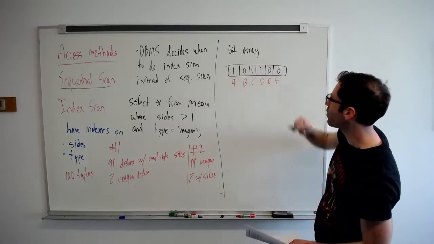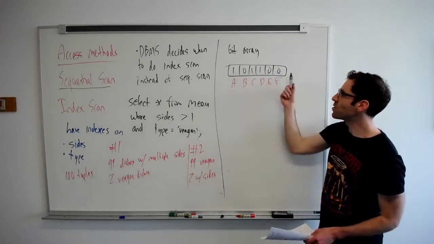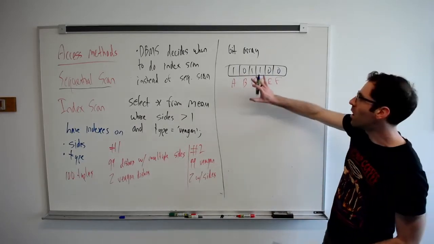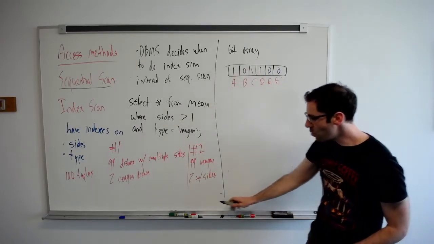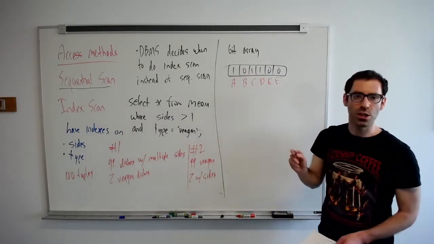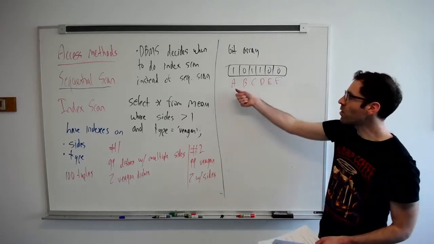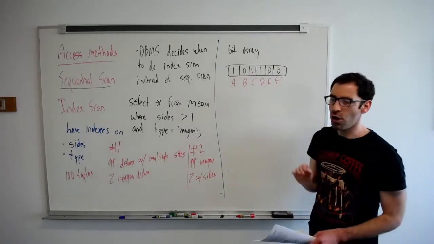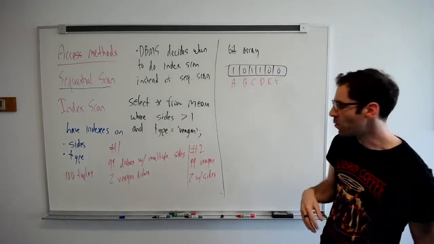B, E, and F do not. And so this pattern 101101 of our bitmap, using a compact amount of data, only a single bit for each element, is recording for some set of things which are in and which are out.